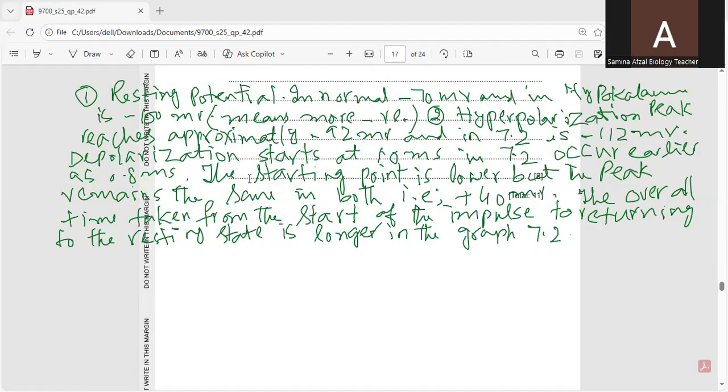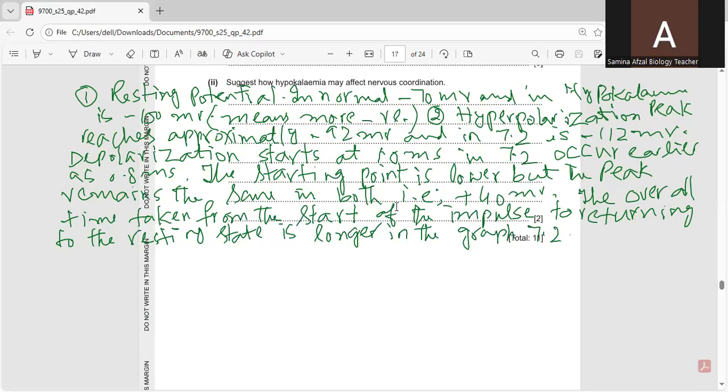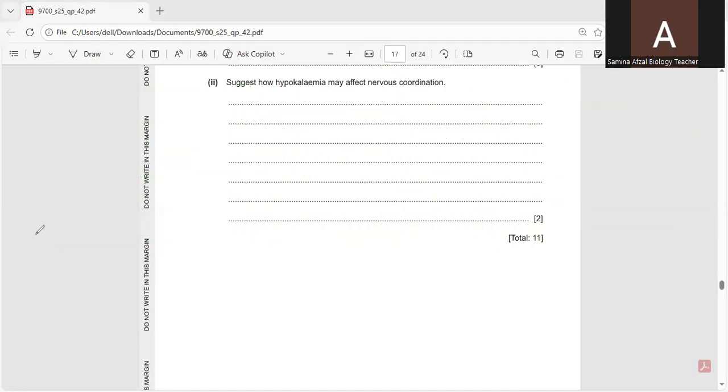Now moving towards the last part of this question: suggest how hypokalemia affects nervous coordination. After the comparison between these two figures, 7.1 and 7.2, hypokalemia primarily affects nervous coordination by making it more difficult for neurons to fire and transmit signals effectively.